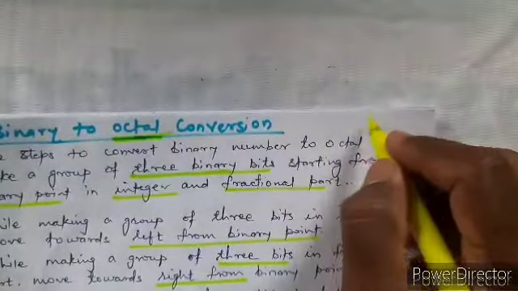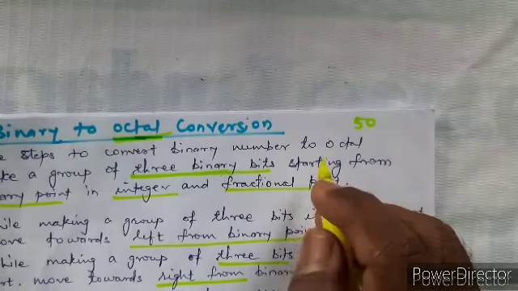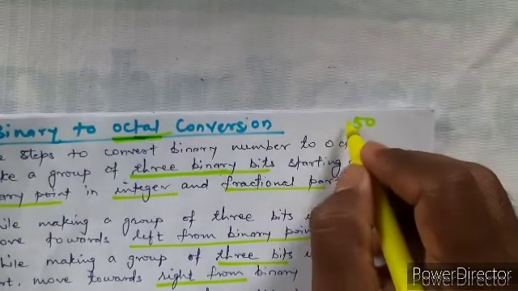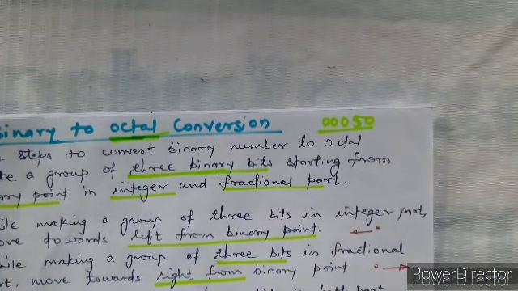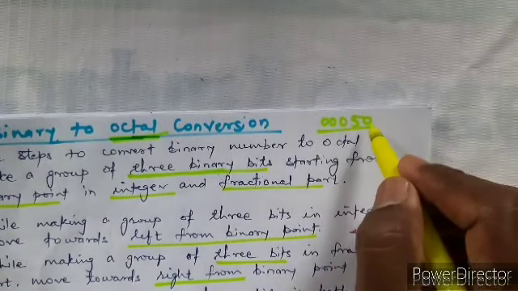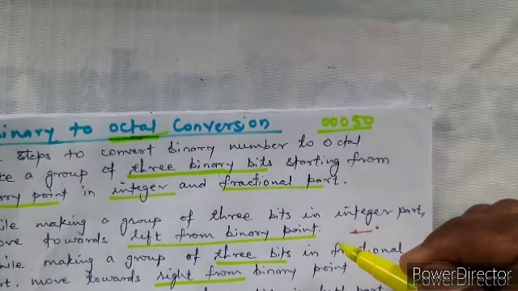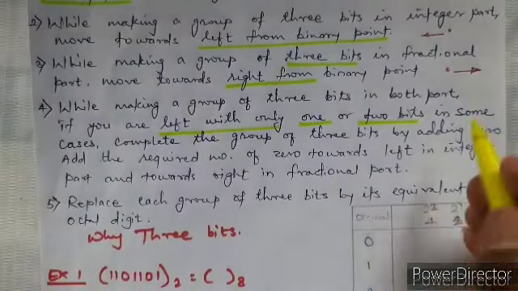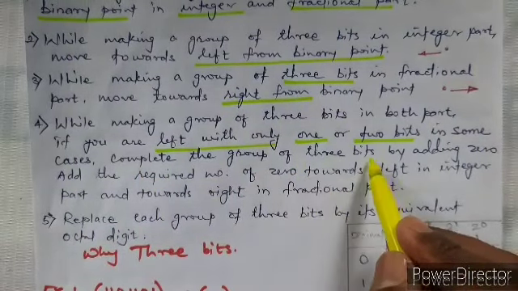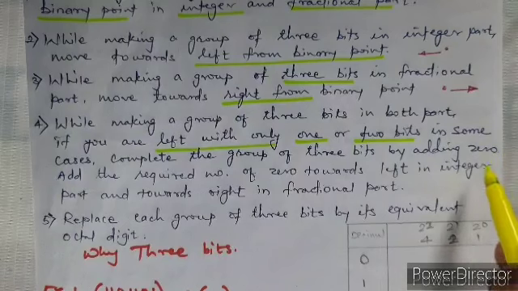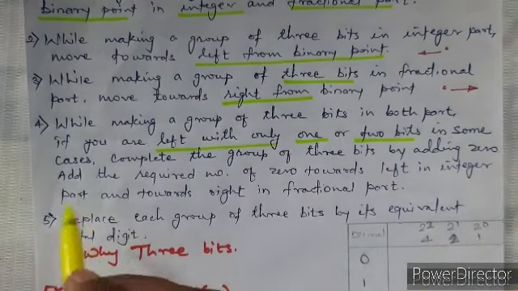Okay, say for example, I have this 50. Now if I add 0 at this side, the value won't change. So 000050 is as good as 50. Right? Same is the case here. Complete the group of 3 bits by adding 0. Now how are we supposed to add?